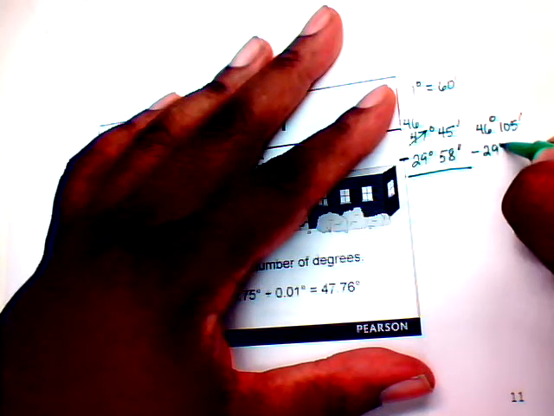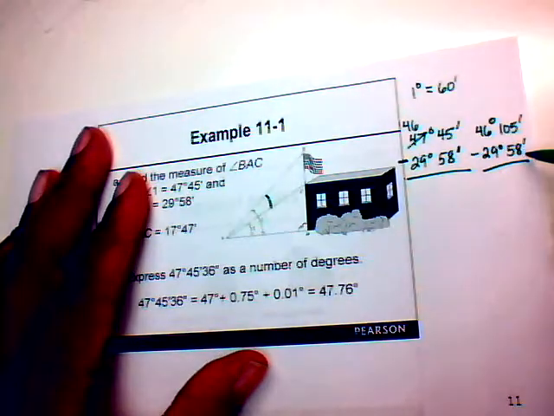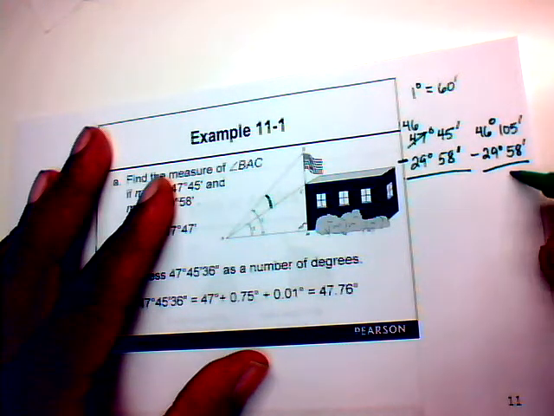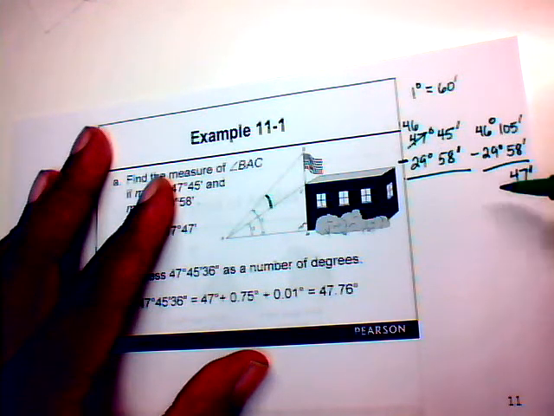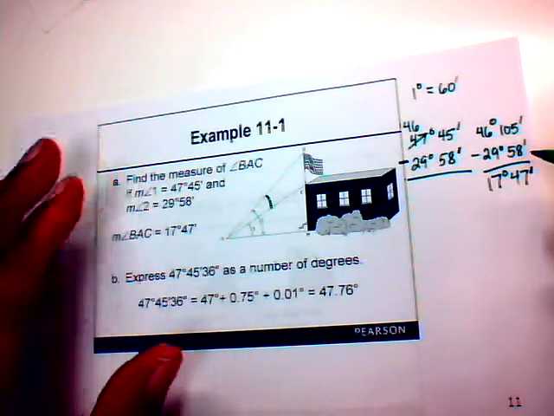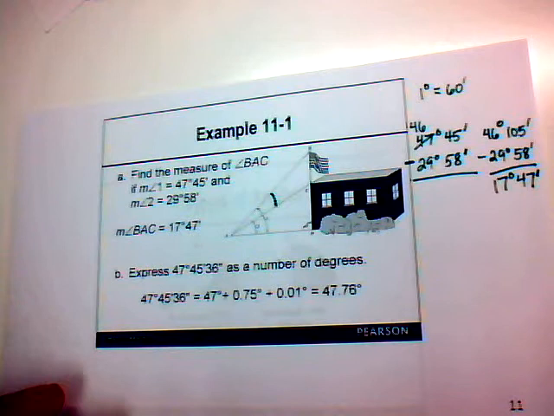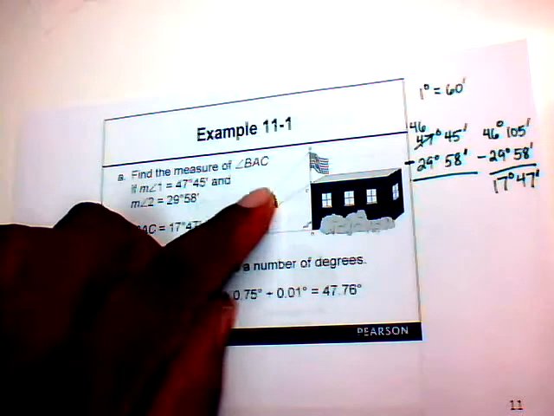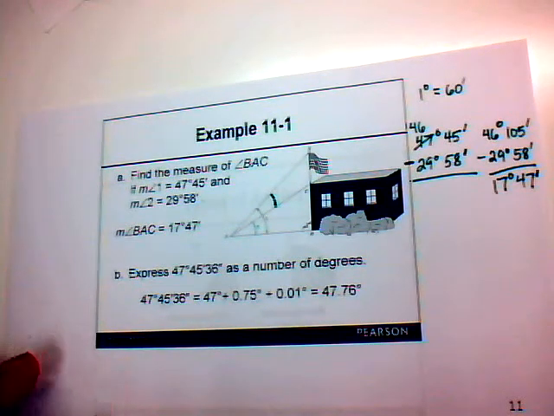Then we subtract 29 degrees 58 minutes from that. 105 minutes minus 58 minutes is 47 minutes, and 46 degrees minus 29 degrees is 17 degrees. So that's why we get 17 degrees 47 minutes, the measure of angle BAC, the angle I have marked off. That's how you subtract angle measures using degrees and minutes.